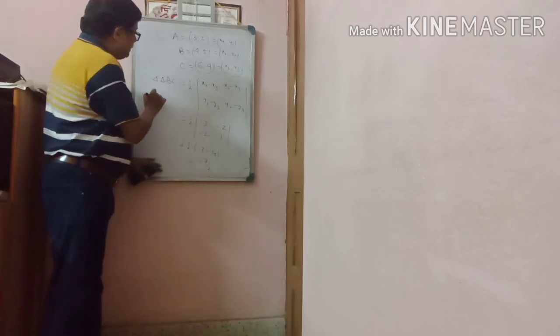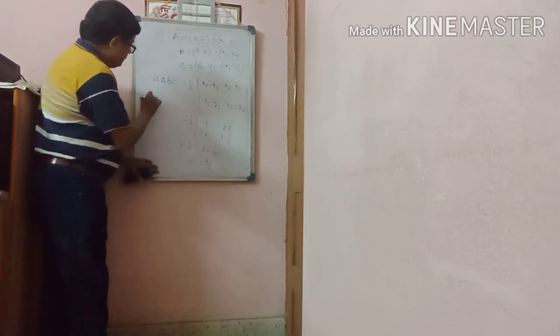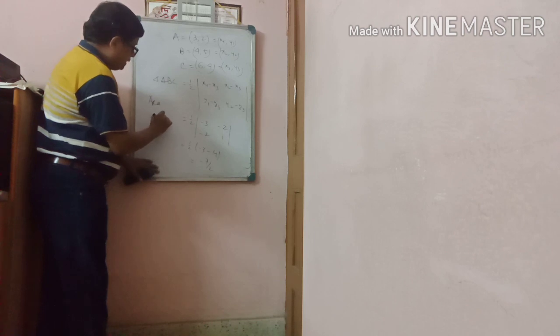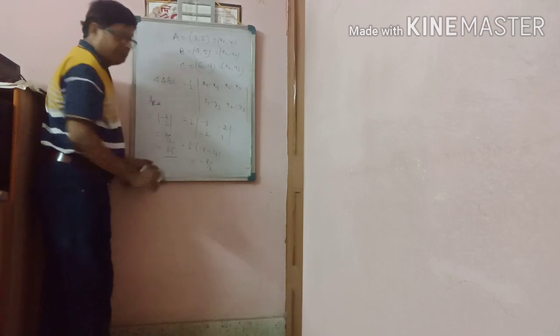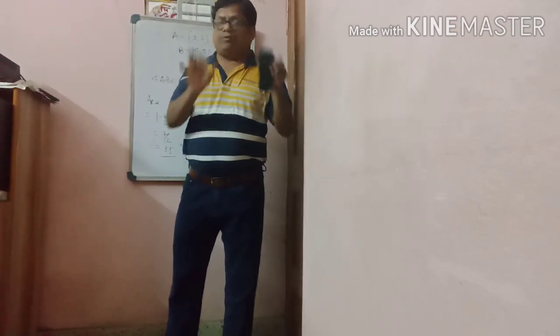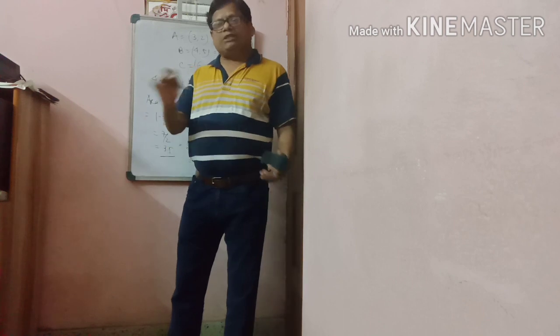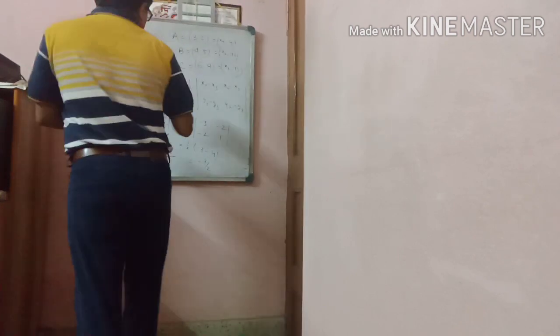Write area equal to mod of minus 7 by 2, that is 7 by 2, that is 3.5 square units. If negative is there, take only the positive sign, the absolute value. If positive is there, no problem. If negative is there, you can take the absolute value.